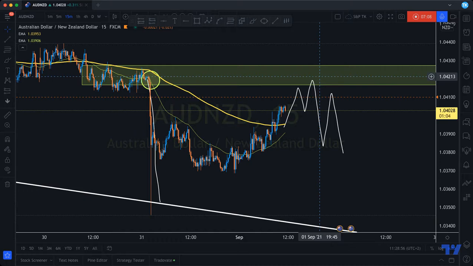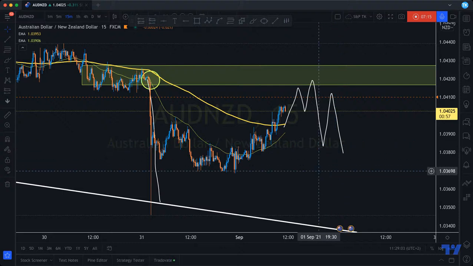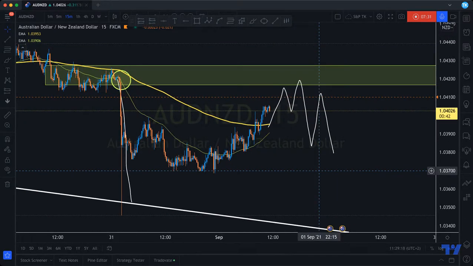But the divergence is not enough for me, just because divergence tells me that probably the trend is changing, that price will react, but I don't know when, and I don't know how, I mean, which is the strength of this reaction.